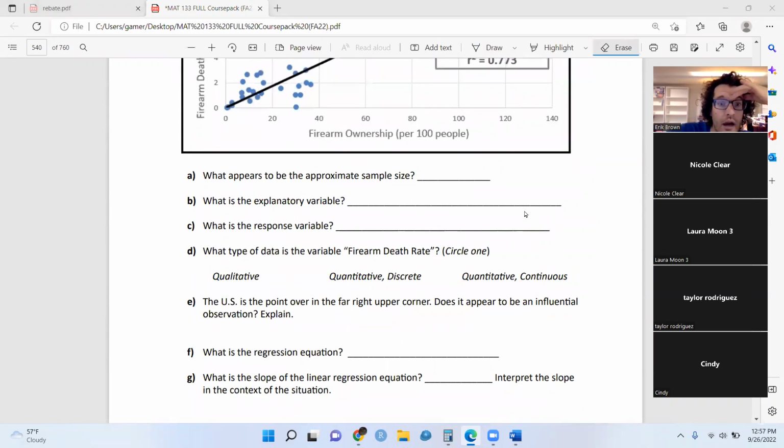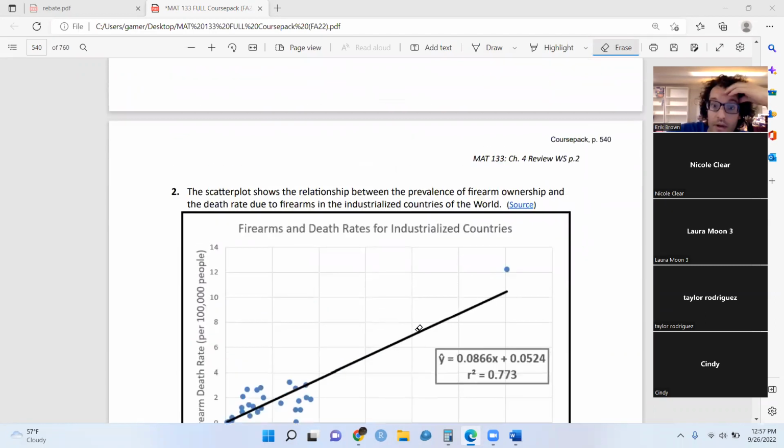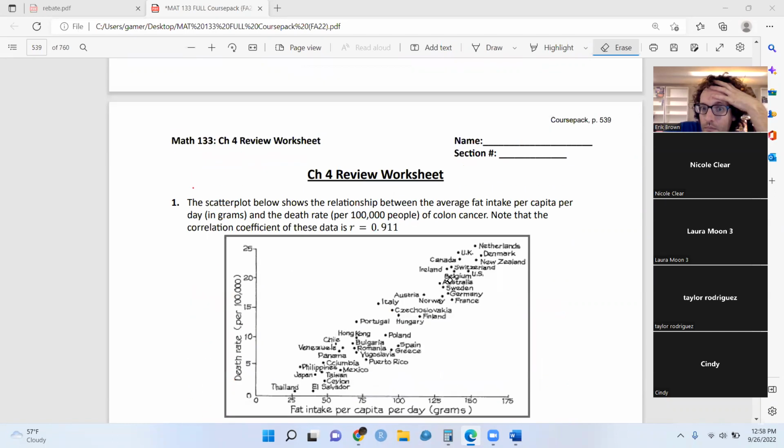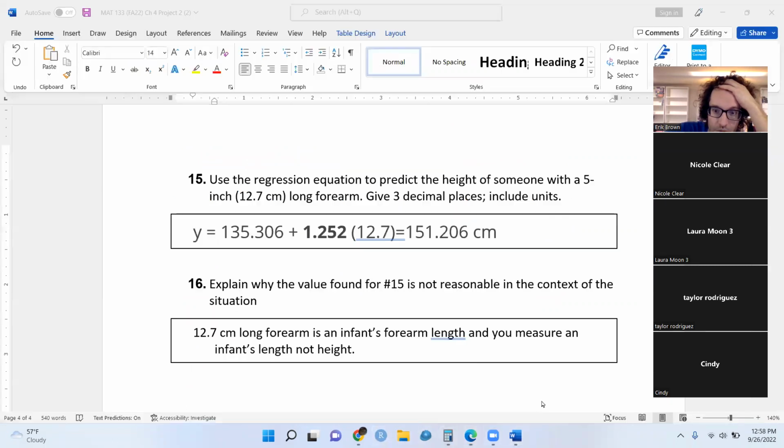And then I need to change the due date. In class on Wednesday, I would be happy to answer any questions you ask about it. Like, hey, I tried this and I have no idea if I'm right or wrong. Go ahead, Taylor. I saw you on mute. What's up? So which one did you say that we are not doing? Is it the 4.1 worksheet 2? So yes, we're just going to remove that.